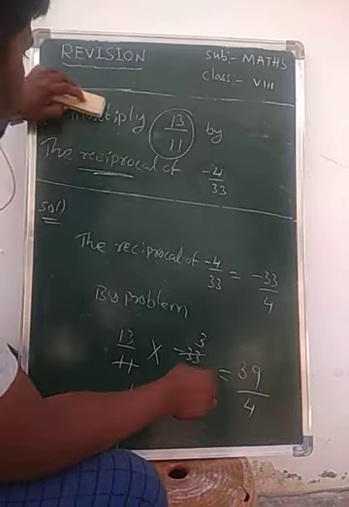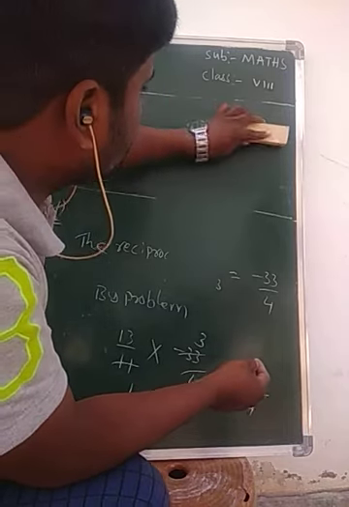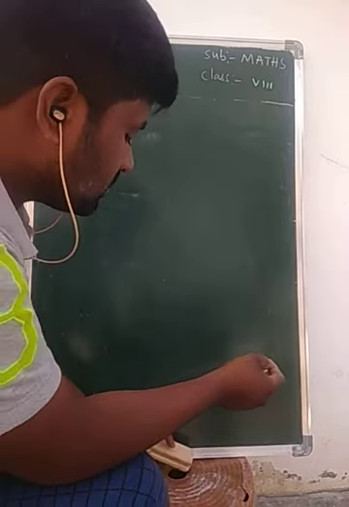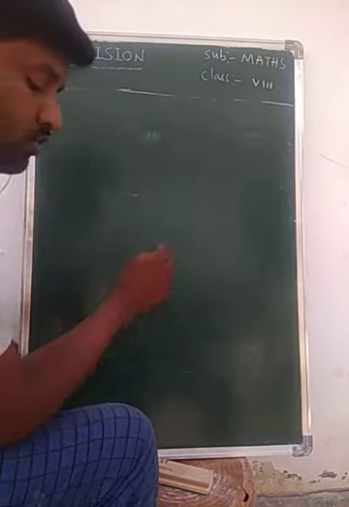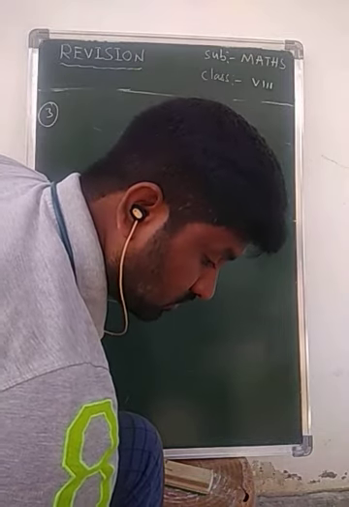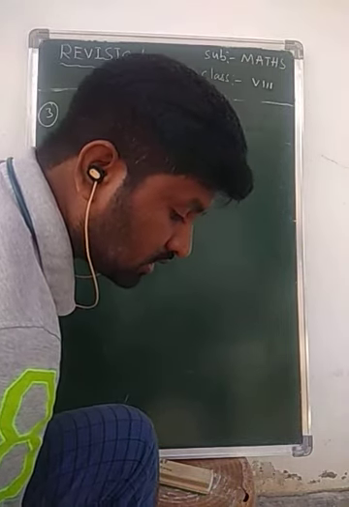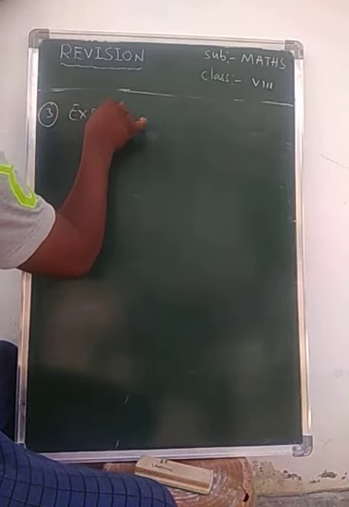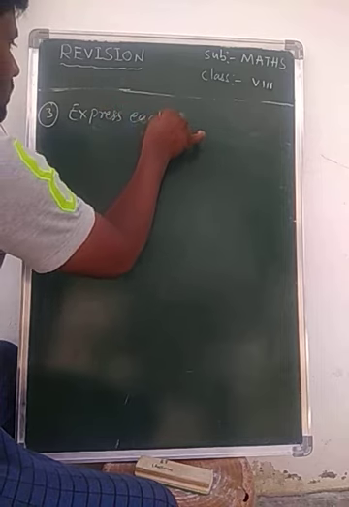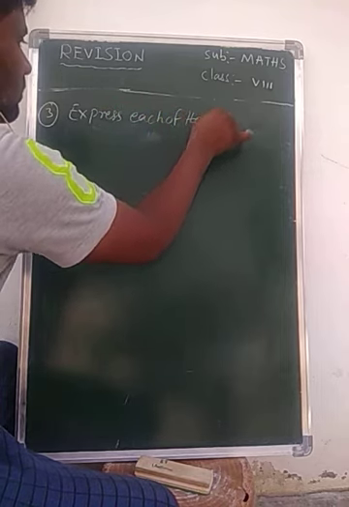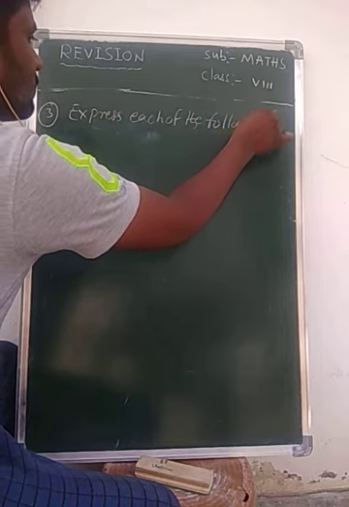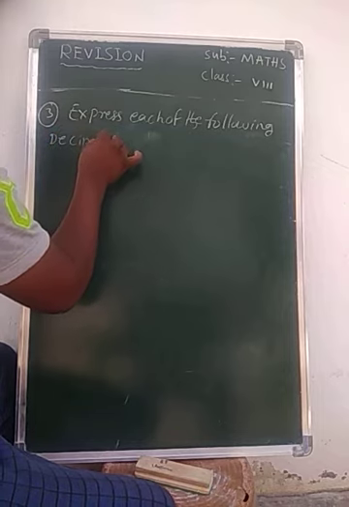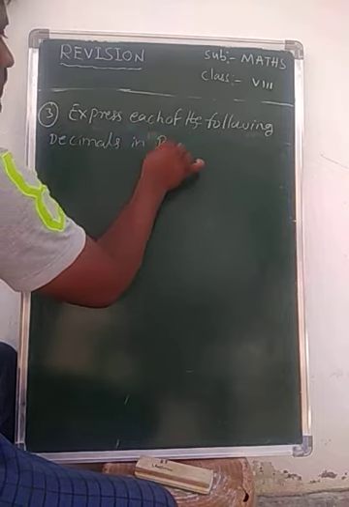Now see one more question from rational numbers. The question is: express each of the following decimals in p by q form.